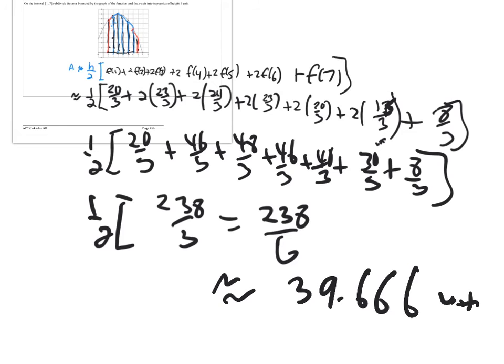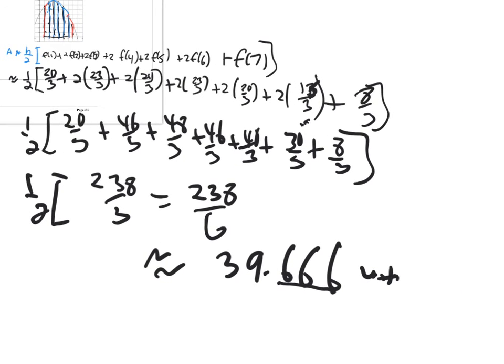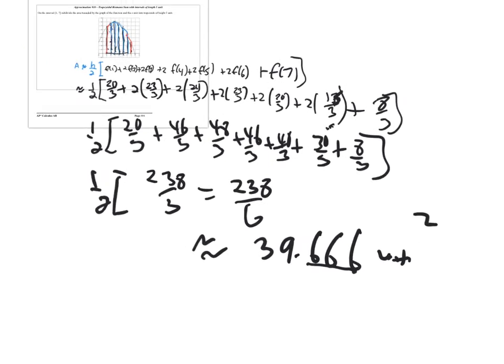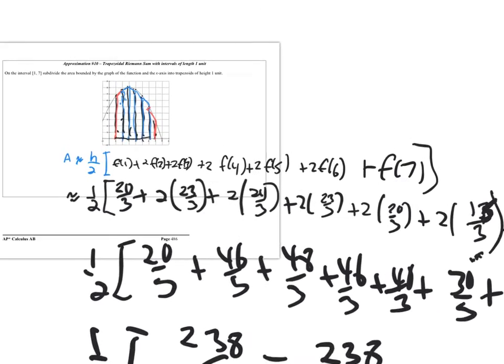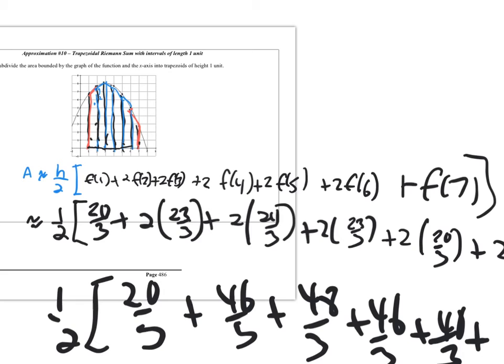It's 39.66666667. Then I'd leave it at 666. You could make it 667 if you want, units squared. So that was pretty accurate, guys. Look at that. With only 1 unit trapezoids, it's almost perfect.